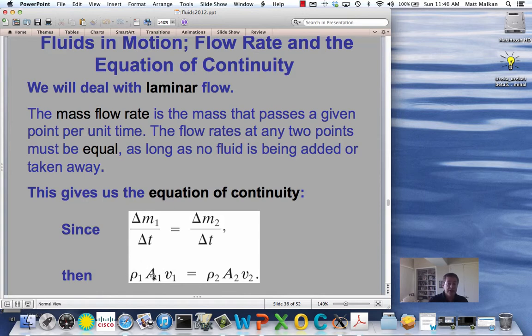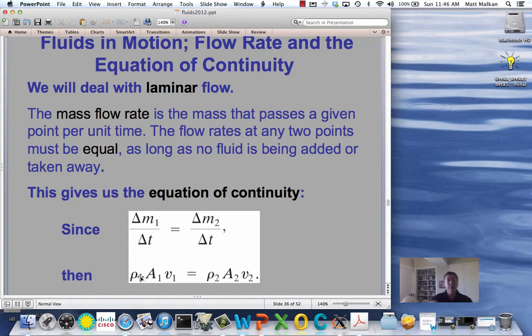If you look at the dimensions of this, area times a velocity times a density: well, a density times an area times a length would be a density times a volume, which would be a mass, but oops, that's a length divided by time. So this does, in fact, have the units of mass divided by time. So that is exactly a mass flow rate.